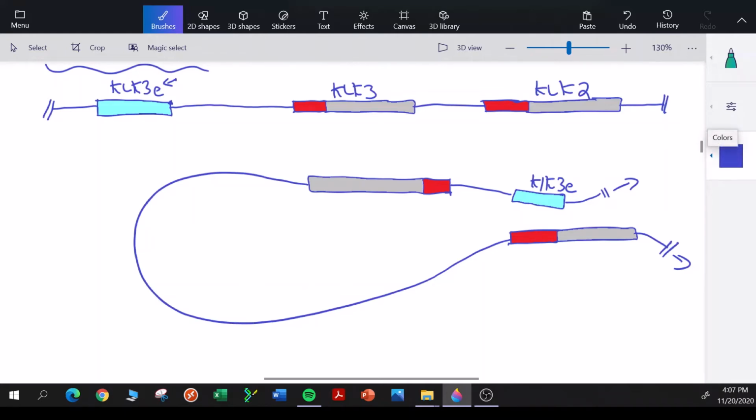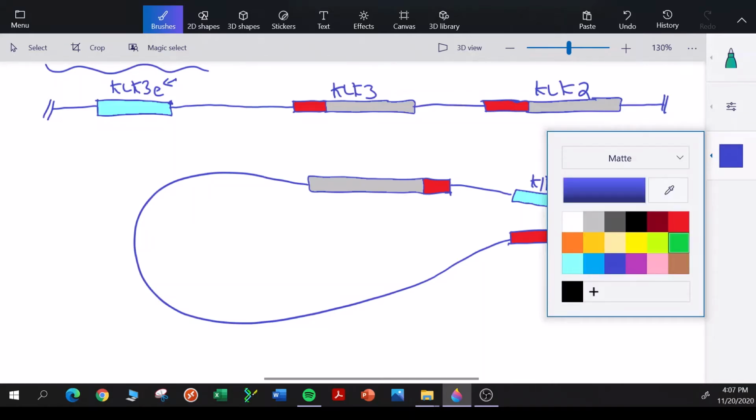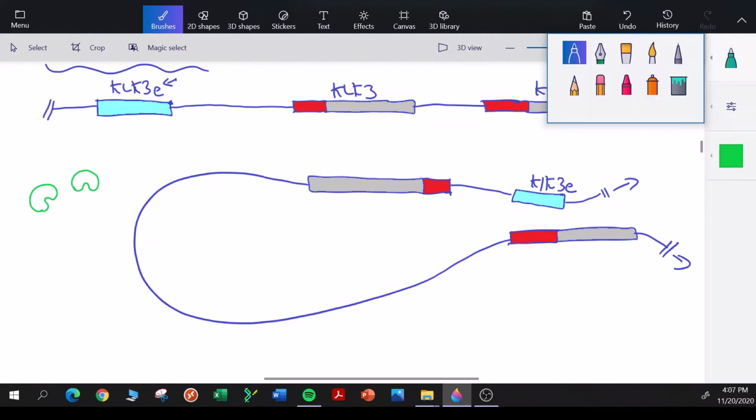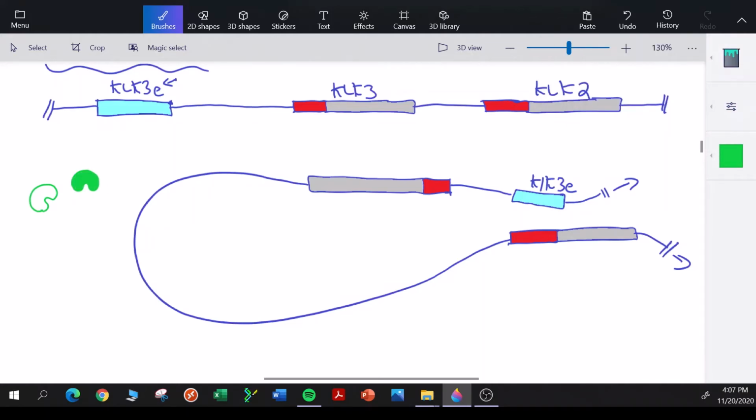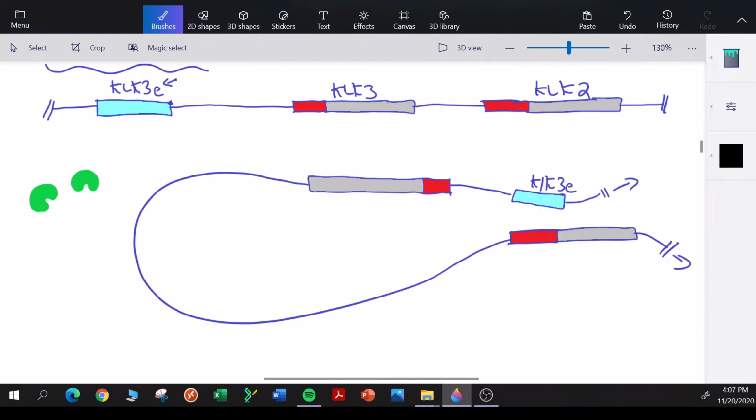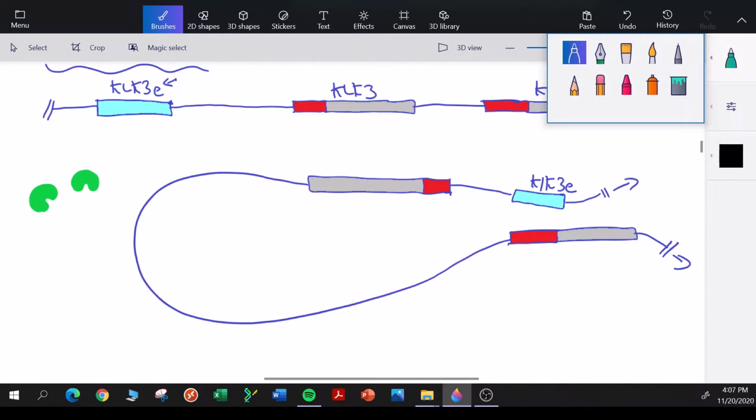And okay, so when is it brought into proximity of the KLK2 promoter? So there is a protein called the androgen receptor that I'm going to diagram like this right here. Let's say it is called the androgen receptor.